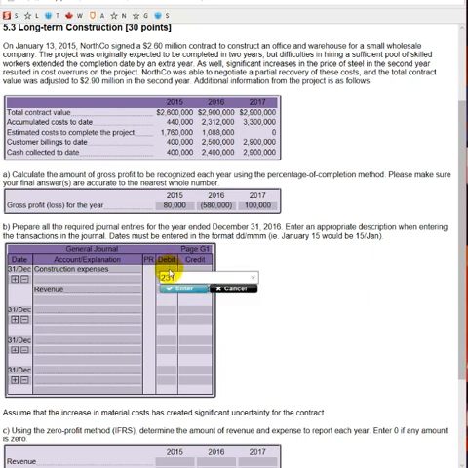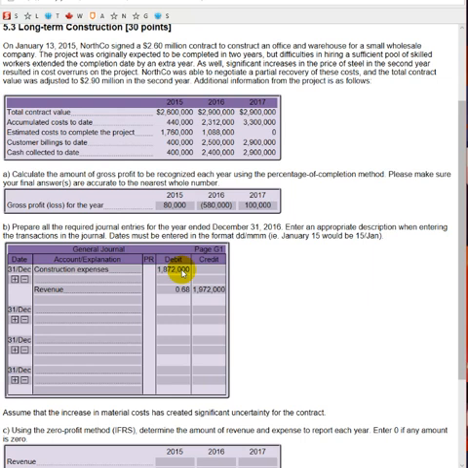It's going to be 2312 minus the 440 we recognized the previous period. That works out to 1872. But we haven't recognized the portion of the loss which isn't included there. So after the first year, we've got an expected loss of 3.4 million in costs versus 2.9 million in revenue. That's an expected loss of $500,000. So we need to add to these expenses 0.32 times the loss of 500,000.